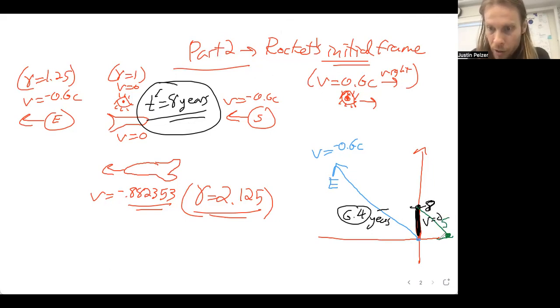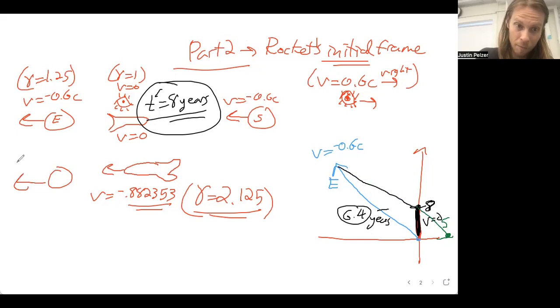And when the star hit the rocket, it took 6.4 years for the star as well, according to the rocket's reference frame. The rocket turns around and speeds up and catches the Earth, because the Earth is still moving at negative 0.6 c. It never changed reference frames, but the rocket did.